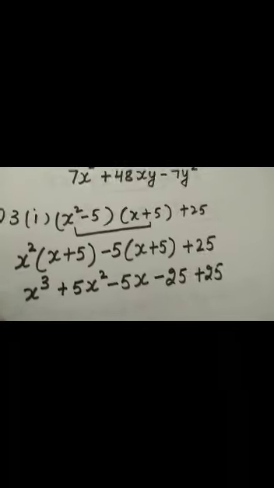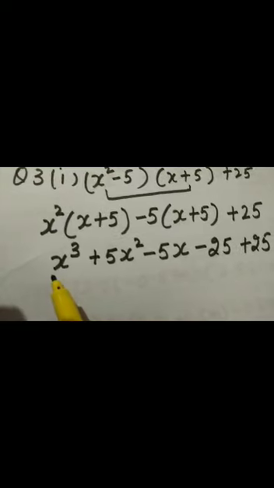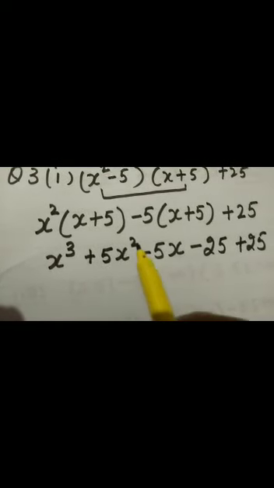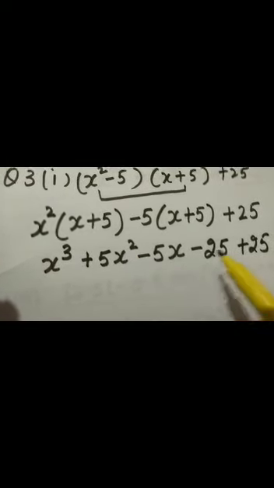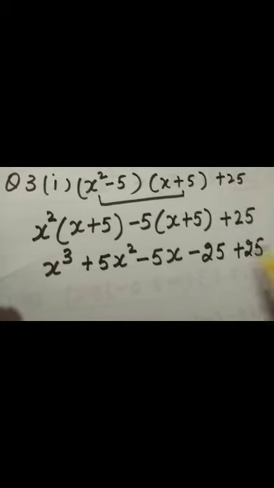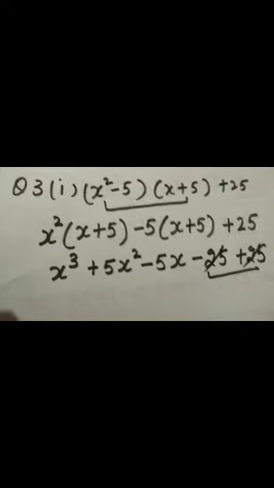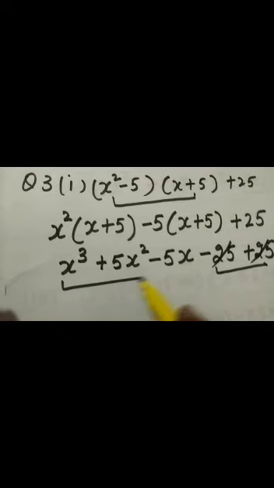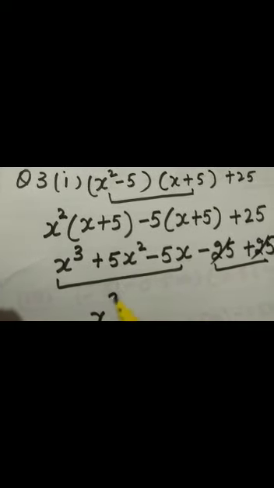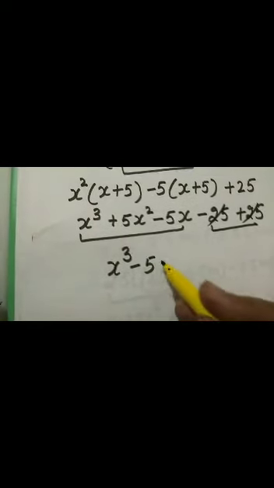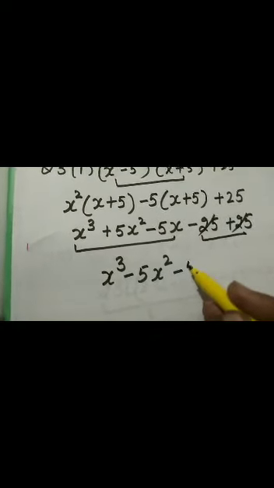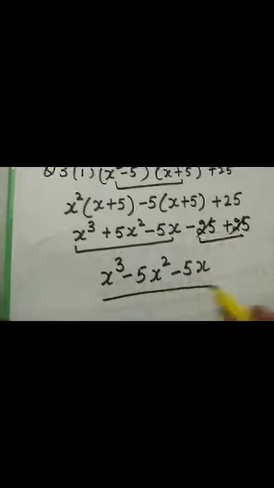Now plus 25 we have to write. x cube plus 5x square minus 5x minus 25 plus 25. These two are like terms, one positive, one negative. We'll cancel these. So this is our answer, x cube plus 5x square minus 5x.